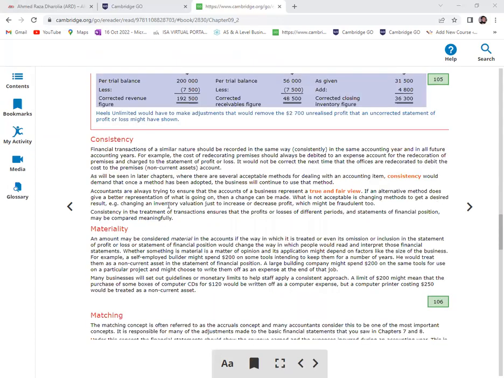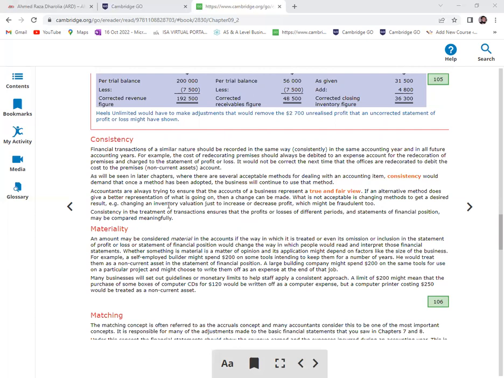Then we have a concept which is called consistency. This concept we already discussed while we were doing depreciation. What is consistency? In easy words, we can say if we are following one policy, we should continue that policy.